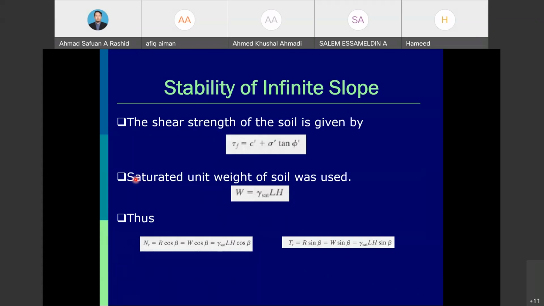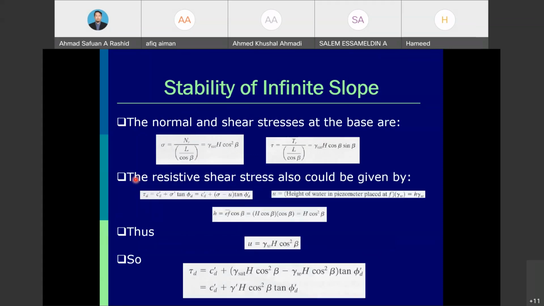So later on, the NR is equal to gamma sat LH cos beta, while the TR is equal to gamma sat LH sin beta. So the normal and the shear stress at the base follow the same approach as what we have discussed before. The difference is only the gamma sat, where the soil is fully saturated.